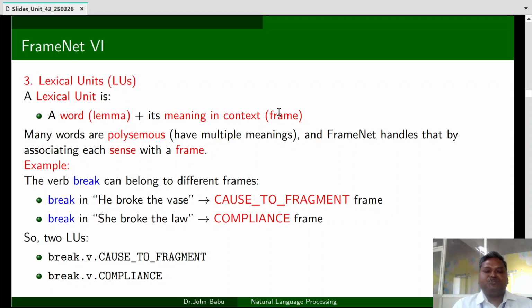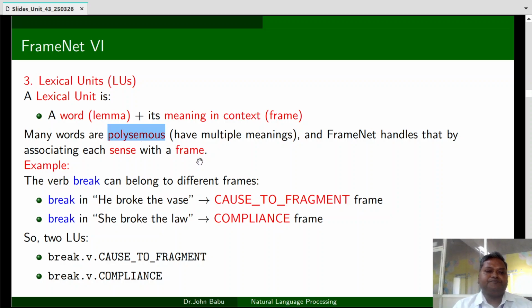That means the combination of a word and its frame is known as a lexical unit. We know that even in word sense disambiguation, the words are polysemous or homonymous. They have multiple meanings. FrameNet handles that by associating every word with its frame.